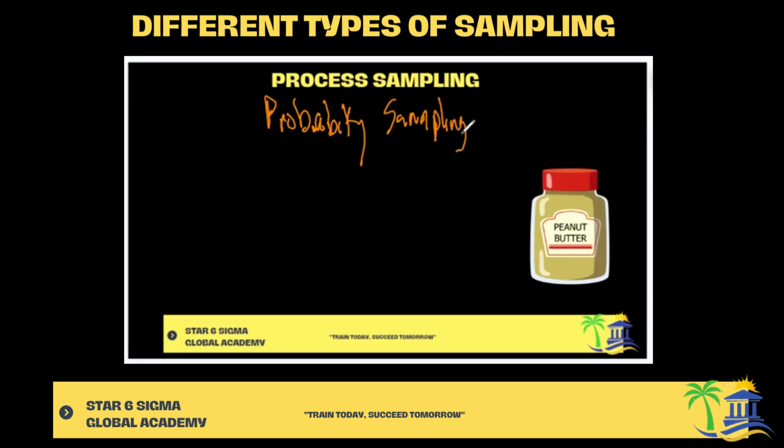In probability sampling, every element or data set in the sample population has an equal chance of being selected.